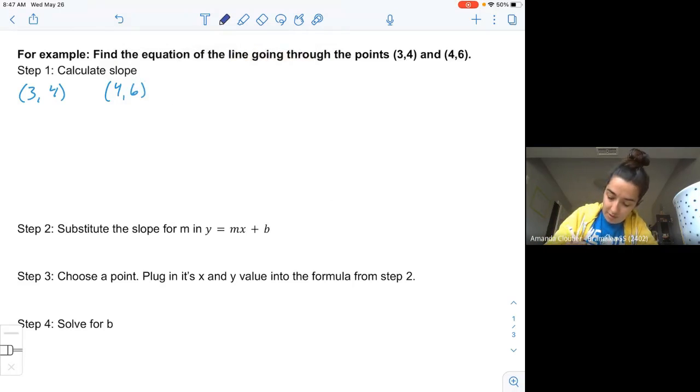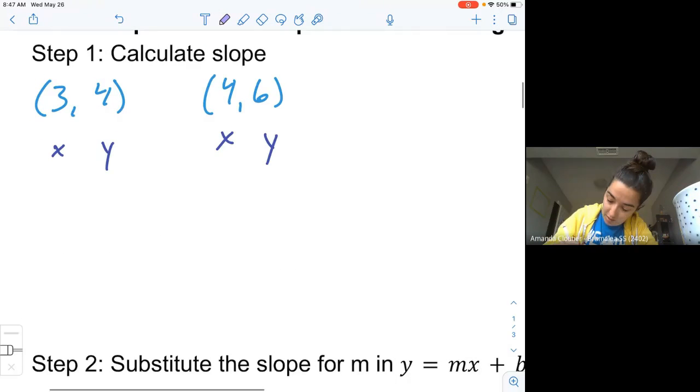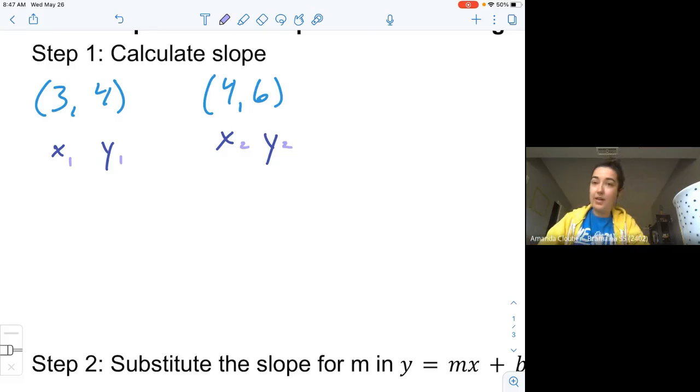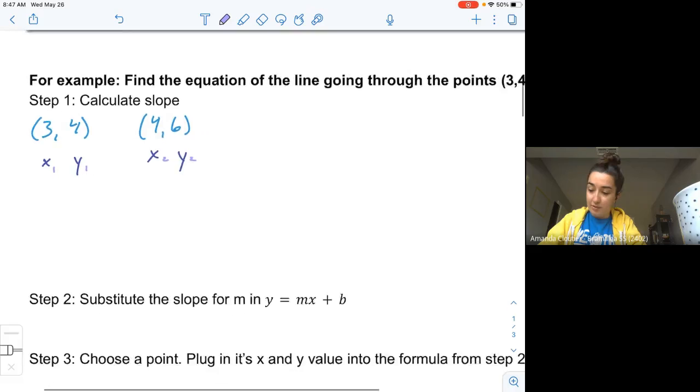We know that 3 is x and 4 is y. And the other 4 is the x, and this is the y. I also know that x1 and y1 are both from the first coordinate, and these are from the second coordinate. So I write those little 1s and 2s in the bottom there. That's called the subscript.